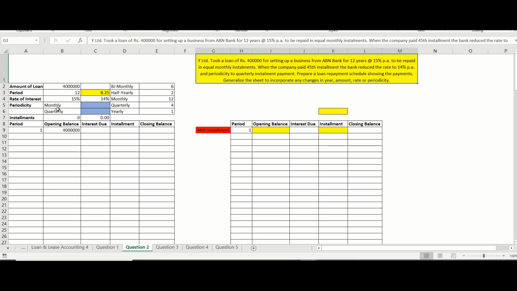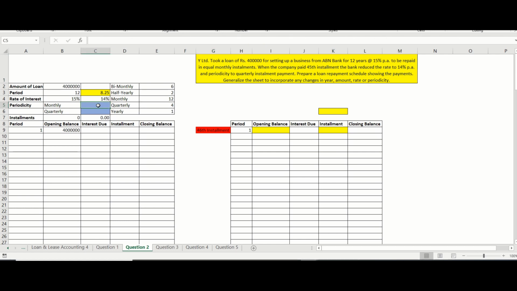The periodicity is monthly. So let's calculate the periodicity value using VLOOKUP. You have to look up for monthly. The table is, where do you have to look up? You will have to look up here. Second column, exact match, right? Monthly means 12 installments. ठीक है?